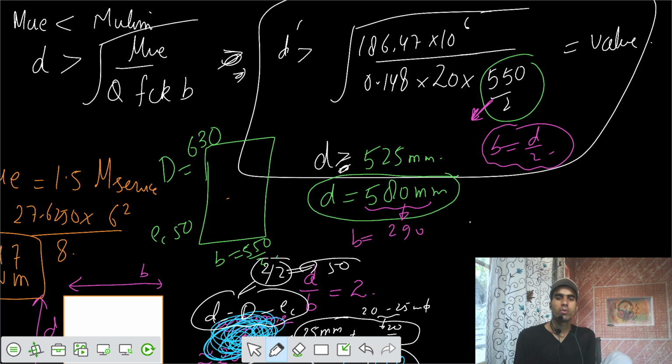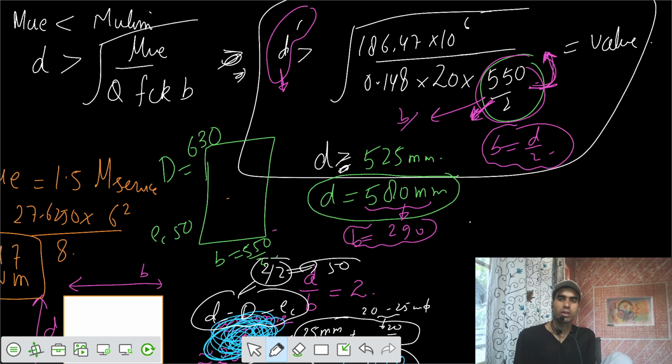So b would be somewhere 290, but your value of b is only 550 by 2. So you are solving d required at some value of b that is a function of D also. It's a function of D itself. You're solving a particular value of b, you're solving a particular value of d, but the value of d is itself a function of b, and b is also a function of D.